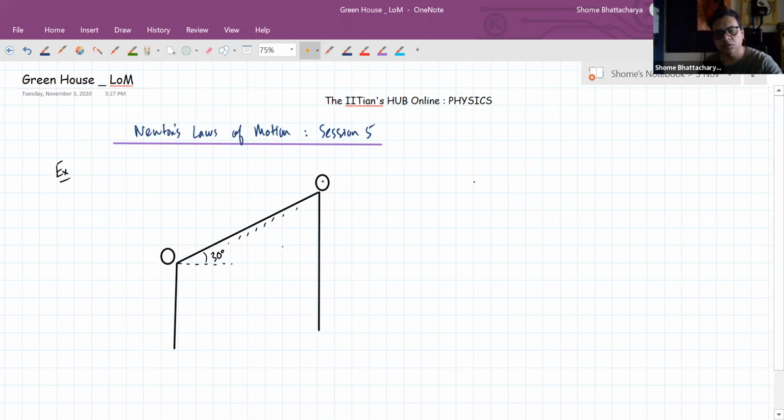So there are two pulleys which are the standard type of massless smooth pulleys, which are fixed at the two corners like this, and then we've got threads going around them, which we are going to use to attach blocks. So this is the situation of blocks.